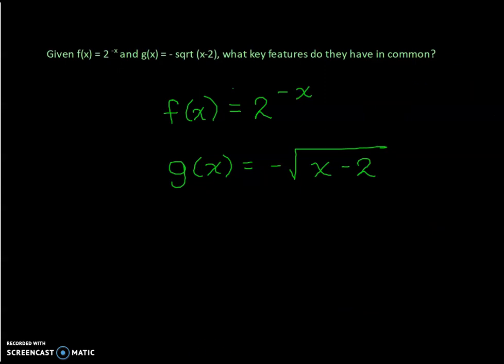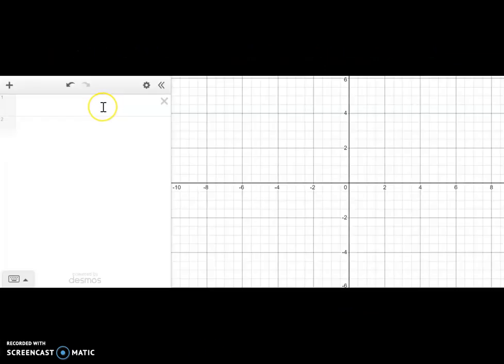You don't have to graph by hand, you can use Desmos. Using Desmos, I'm going to type this in. The first function is y equals 2 to the, remember shift and 6, to the negative x power. Press enter.